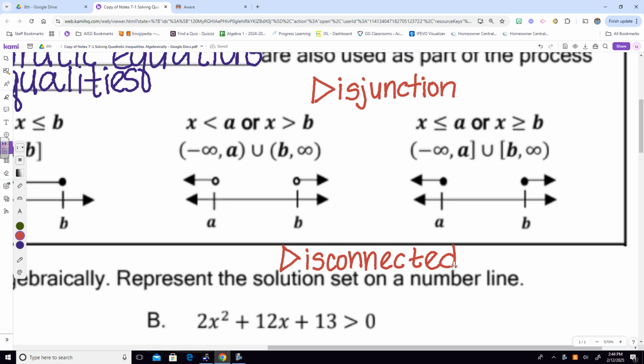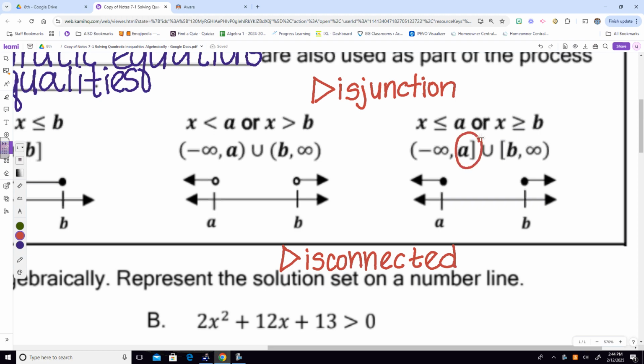It's saying it's this piece and this piece, okay? And then look at your graph. Do you see how your graph is two separate rays versus the one connected segment? Y'all see that? So everything is disconnected. Again, I'll explain the why in a little bit. Make sense?